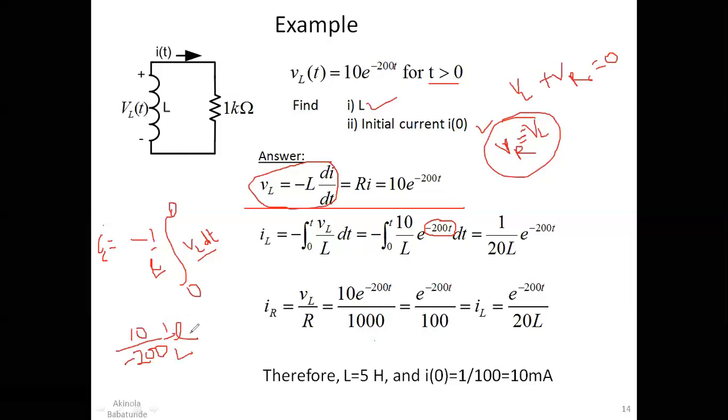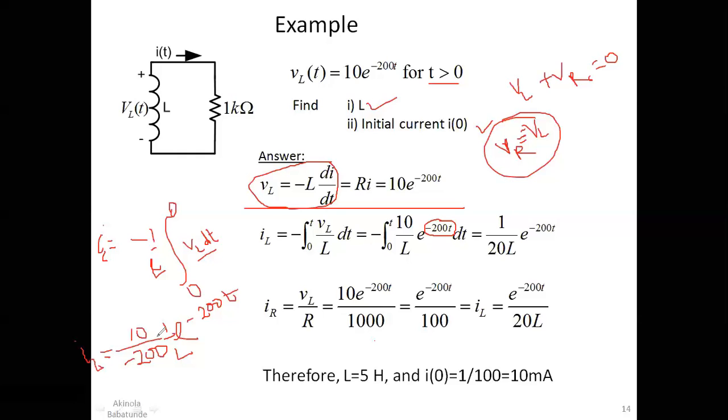So what you're going to have left is exponential minus 200t if you integrate these. This is what you're going to have as your IL eventually if you integrate.